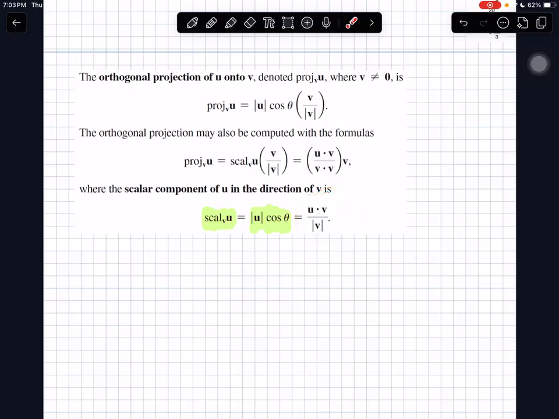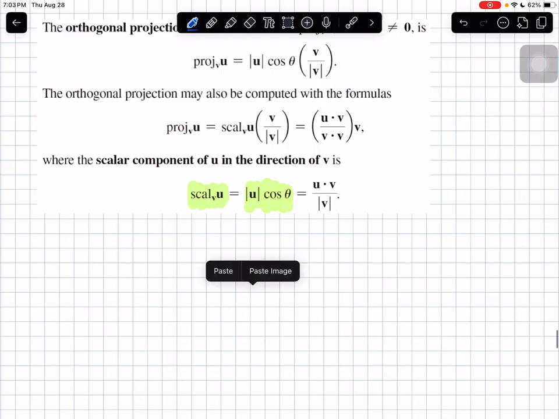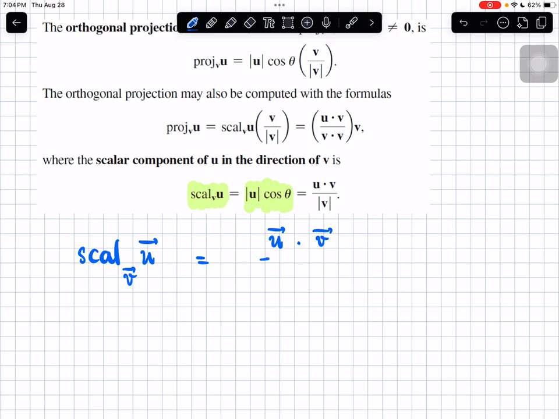In our case, we have the dot products, so we would rather use the second formula, because when we are given the angle, we would use the first one. But now we use the second formula to compute the scalar component of vector u onto vector v. So that is u dot v divided by the length of v.